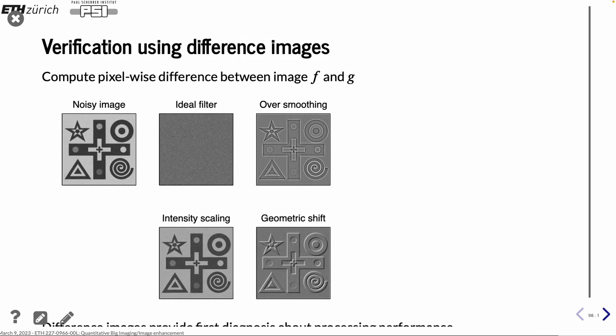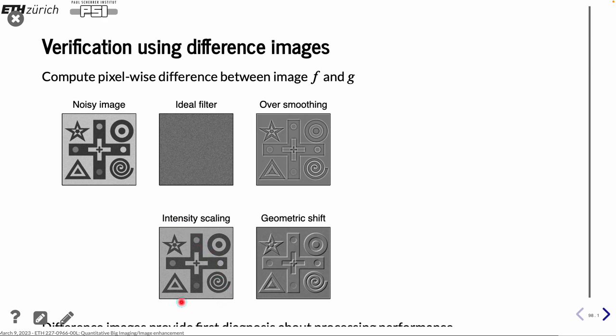So first, looking at difference images: we have a noisy image, we apply a filter, and if you take the difference between the original and the processed, in the ideal case you would only see the noise. If you do too much smoothing, then you will start seeing halo effects in your filtered image, or in the difference image.